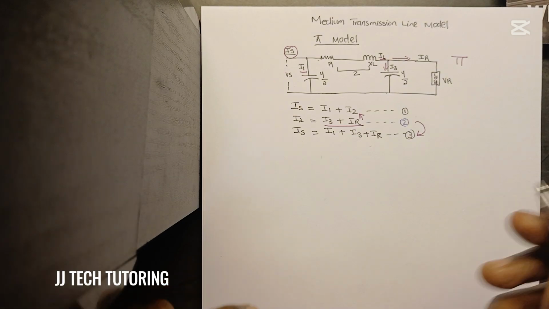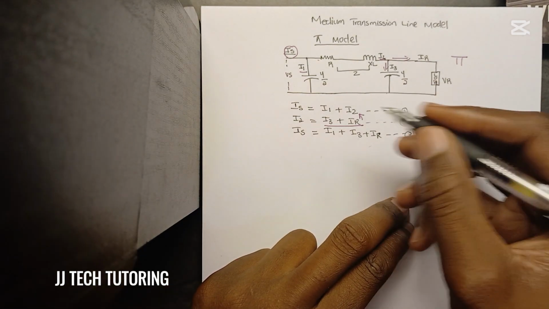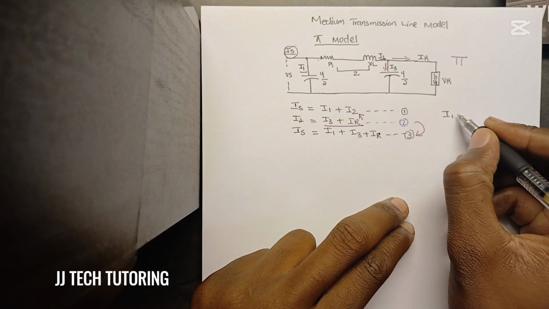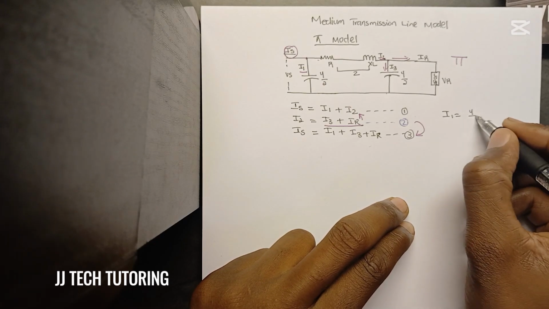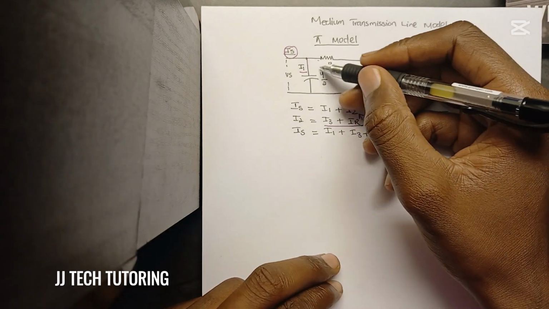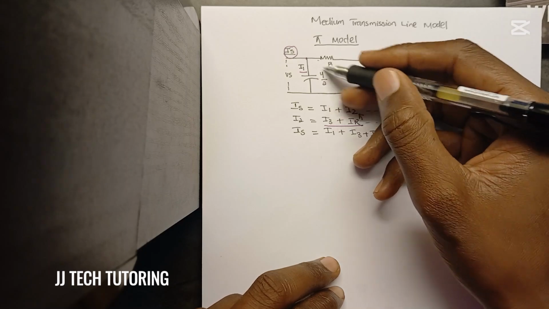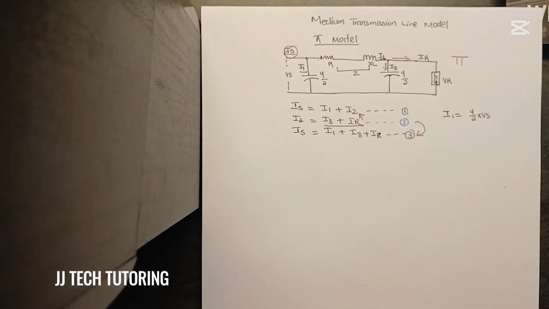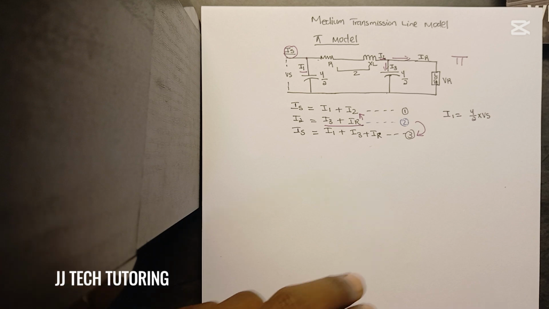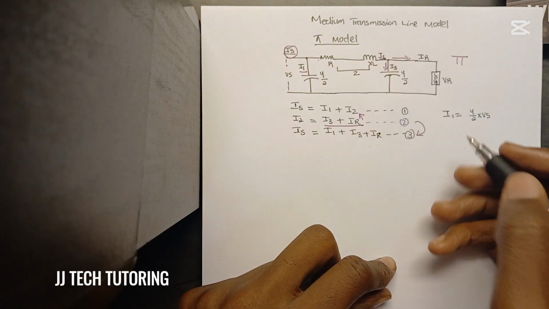Now, from there, we know that I1 is equal to Y over 2 multiplied by Vs, because this Y over 2 is our admittance. Now, what is our I3?